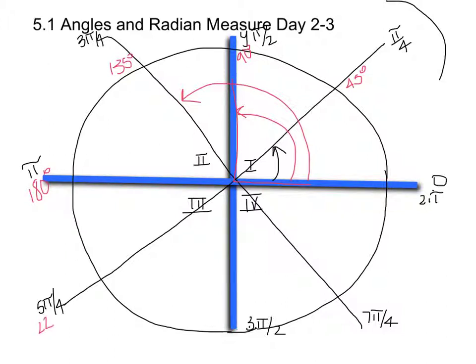Then this will be 225. This is 270. And then here would be 315. And we'll be back at 360 degrees. And then we're going to cut our circle into 12 equal sectors.